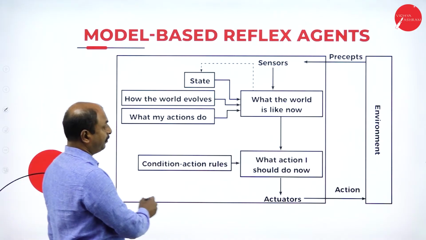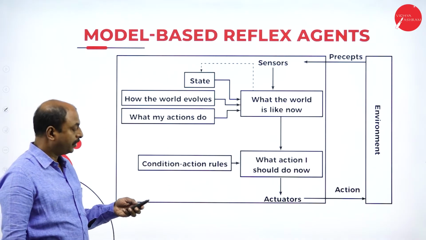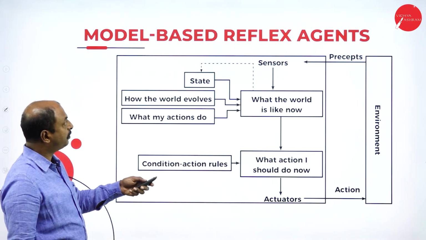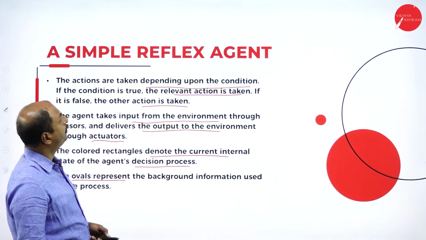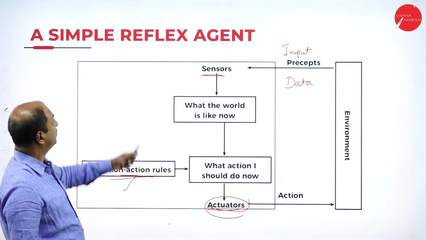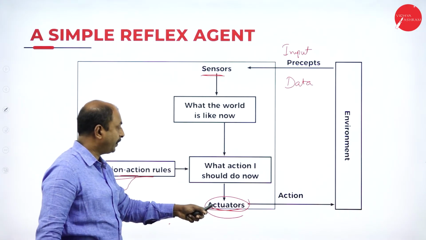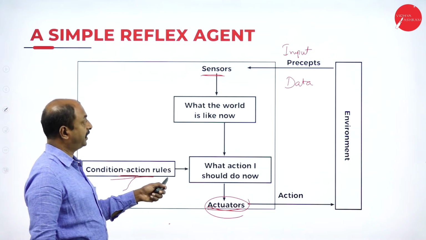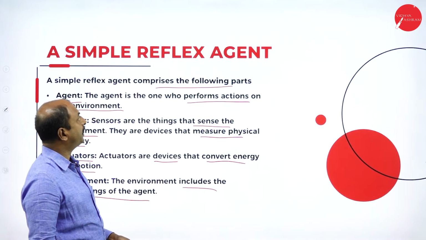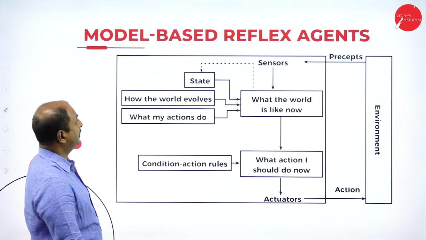See, this is the diagram here, and you can make out the difference between this model and the previous model. This is the diagram for simple reflex agent, where you can see sensors, actuators and condition action rules. And if you look at the model based reflex agent, this is the diagram.